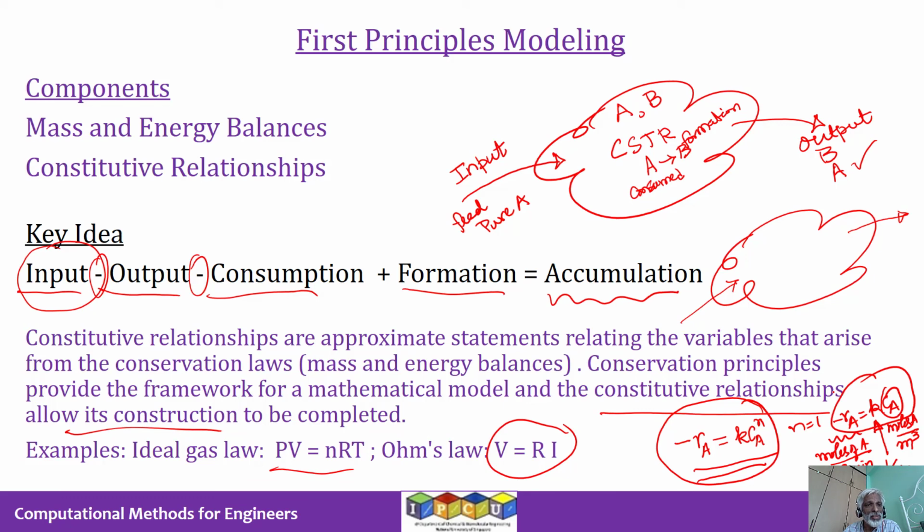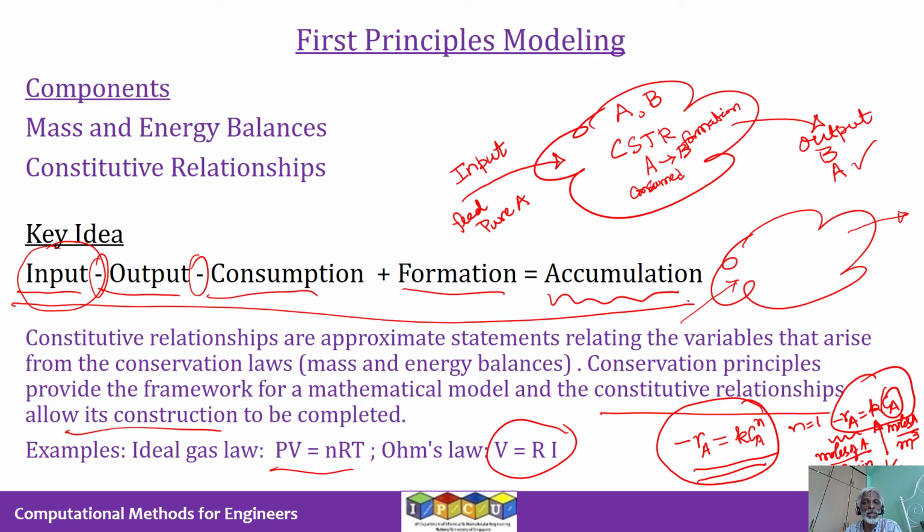So in the several examples that follow, we will invoke this concept of what is written here as the key idea. That means input plus formation minus output minus consumption equals accumulation. And if you are looking at steady state operation of a system, the accumulation term will be equal to 0.